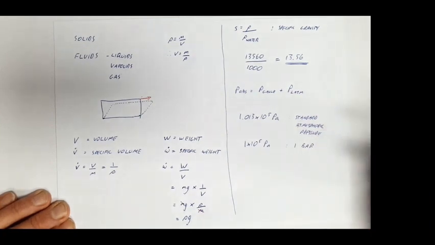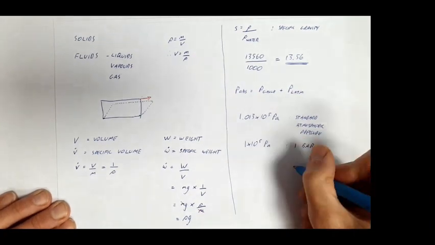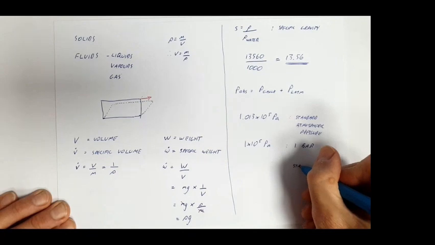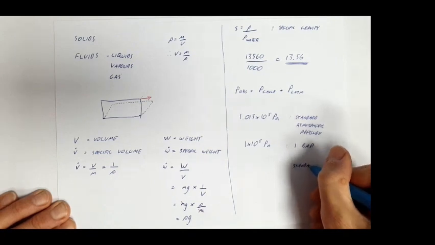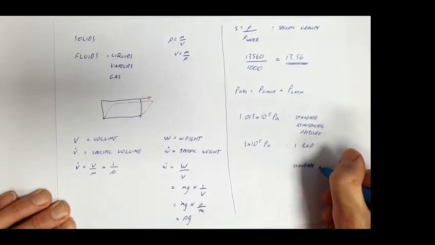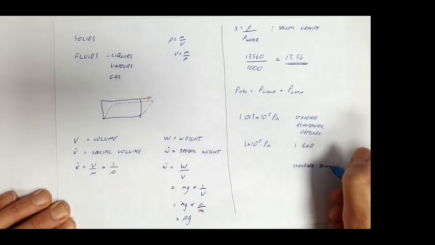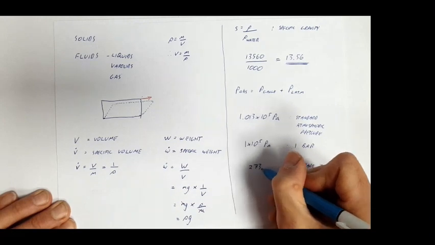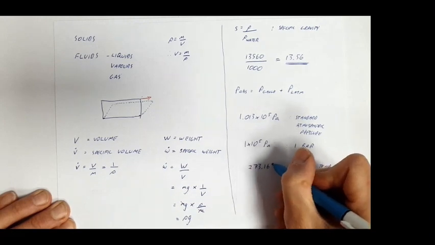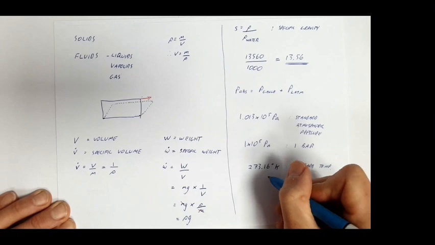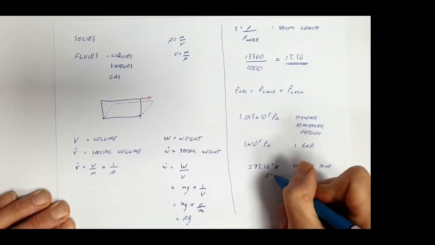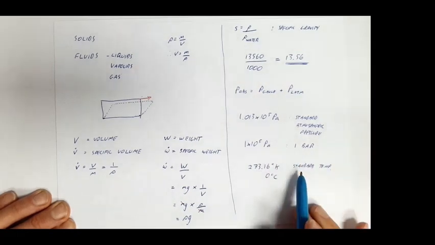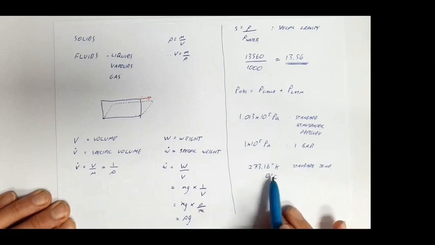Now, standard temperature would be 273.16 degrees Kelvin or 0 degrees Celsius. So our standard temperature is freezing, 0 degrees Celsius.